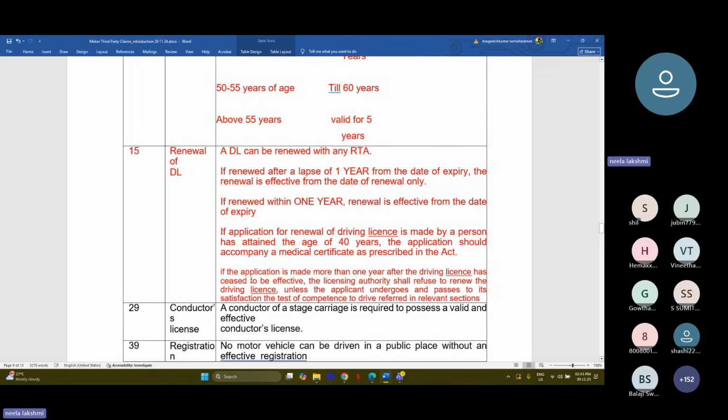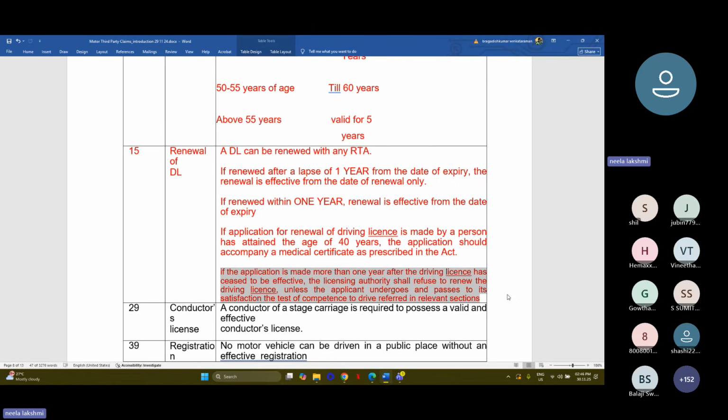Next, if an application for renewal is made by a person who has attained the age of 40 years, the application should be accompanied by a medical certificate as prescribed in the Act. It is also a change from the previous provisions. And the last point: if an application is made more than 1 year after the driving license has ceased to be effective, the licensing authority may even refuse to renew the license unless the applicant undergoes and passes a test of competence.